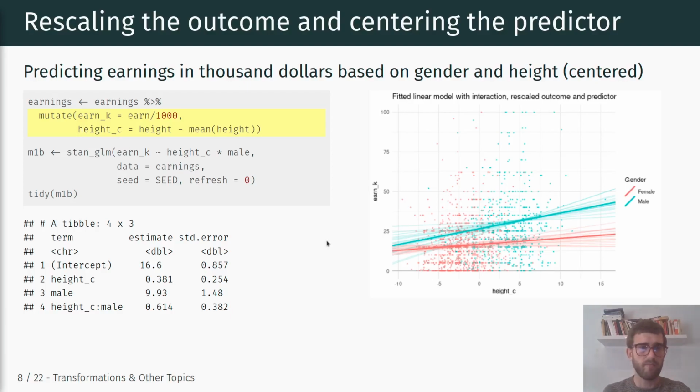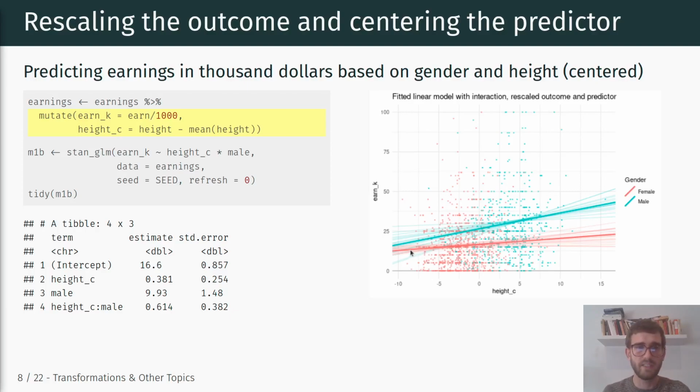Obviously, across the entire sample, we observe higher salaries for men. The difference at average heights is around $9,000 per year. So rather than 16.6, we have a little bit more than $25,000 yearly average salary for men in our sample.